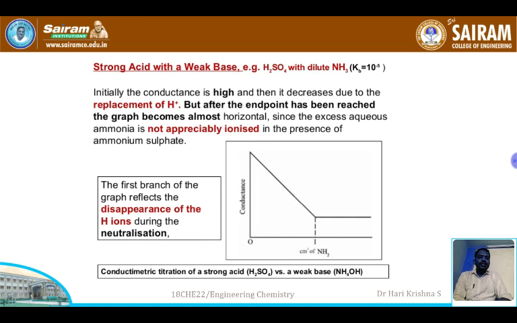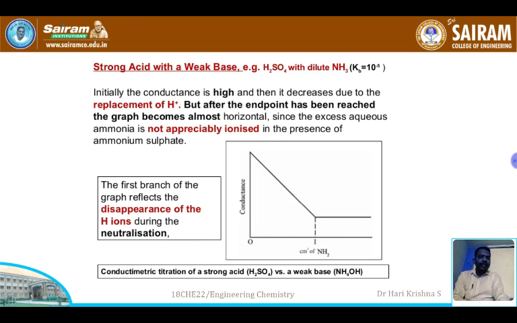The concentrations of NH4 plus and OH minus ions are equal, since NH4OH and NH4 plus are in equilibrium. Since it is in equilibrium, there is no change, therefore it is constant. We get an L-shaped graph.